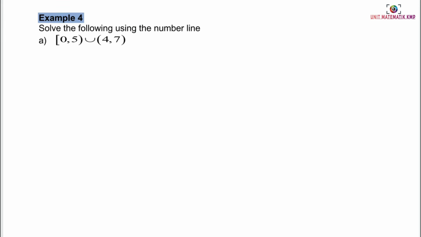Example 4. Solve the following using the number line. A. Half open interval 0, 5, union open interval 4, 7. First, draw the number line. Mark the number line using the end values of the intervals according to their values.